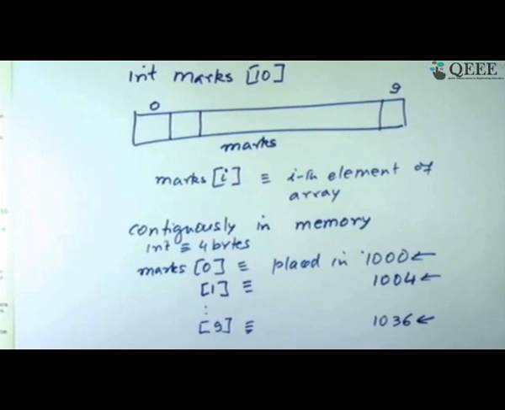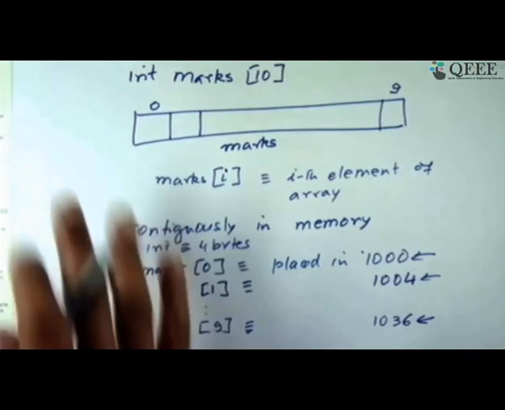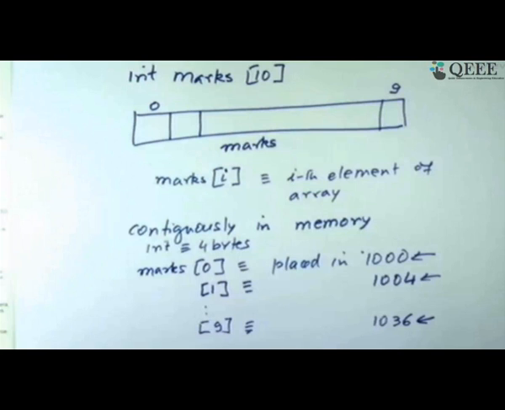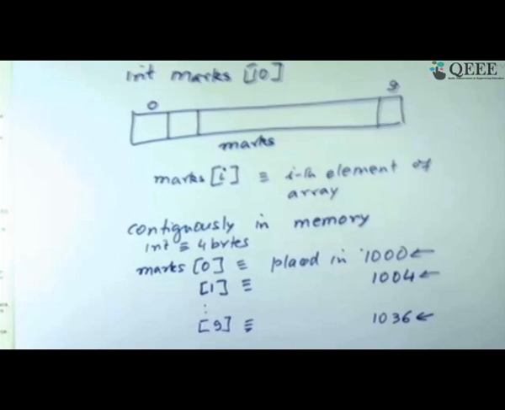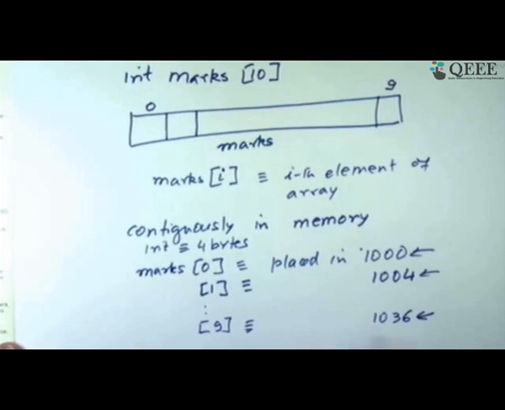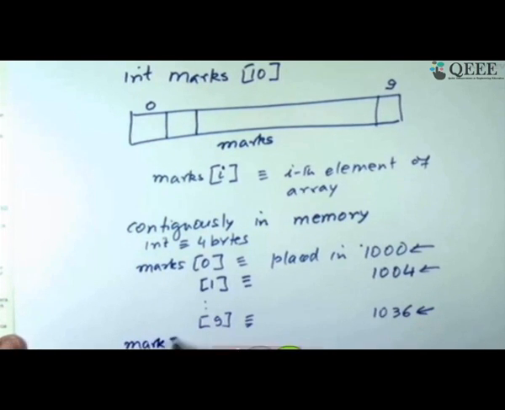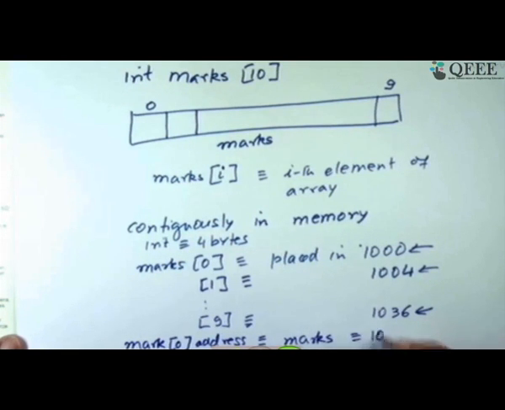Why am I saying all this? Because this collection of 10 or 1000 elements are not directly always used for communication. Whenever you communicate an array between functions, you know pretty well that we only communicate the address of marks 0, which is also in C taken as, or even C++, the same as marks, which happens to be, for my example, the memory location 1000.